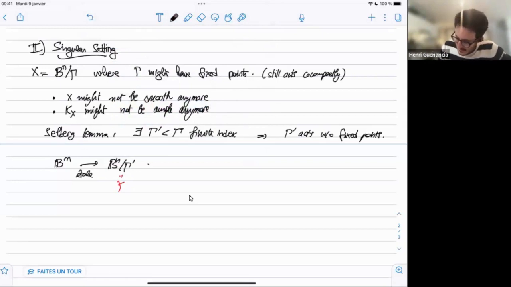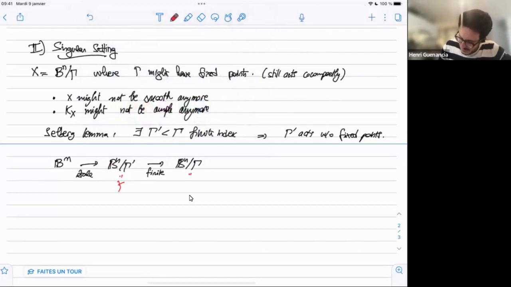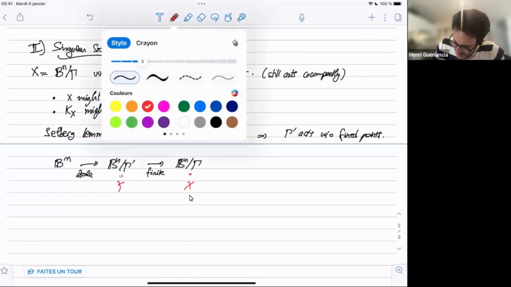And then I take another finite cover to my variety that I'm interested in, that I called X earlier. Maybe I'll give a name to this map, pi.